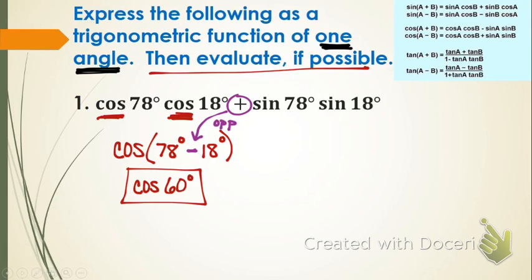Yep, it says then evaluate if possible. Cosine of 60 degrees is what? What'd you say? 1 over 2.